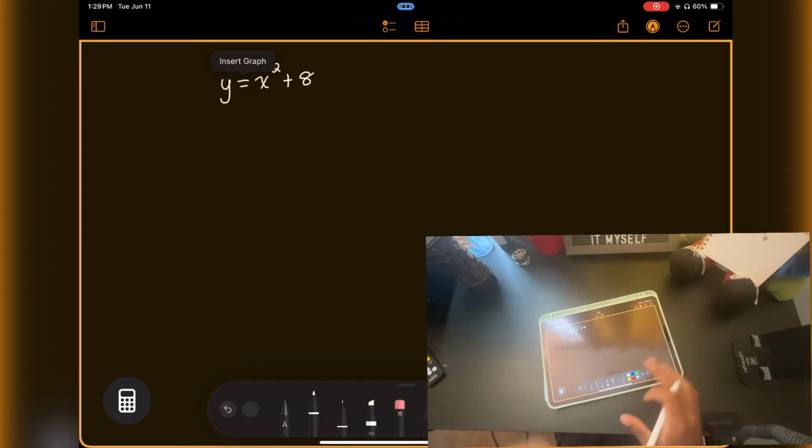So for example, the variables. They do not want you to write everything as a function. For example, say y equals x plus 8, right? This is a basic linear equation.